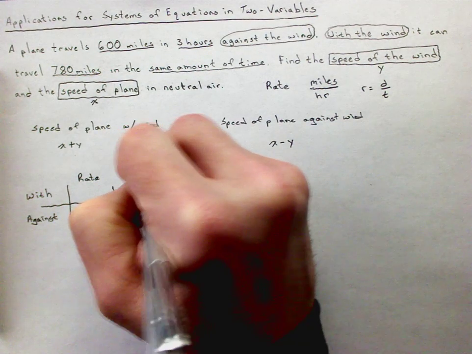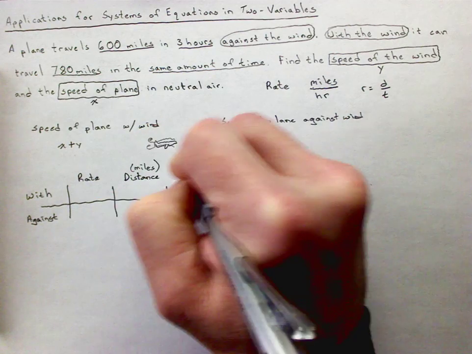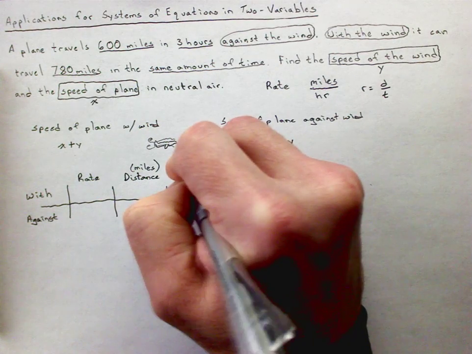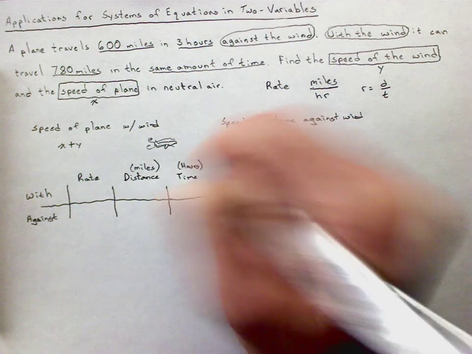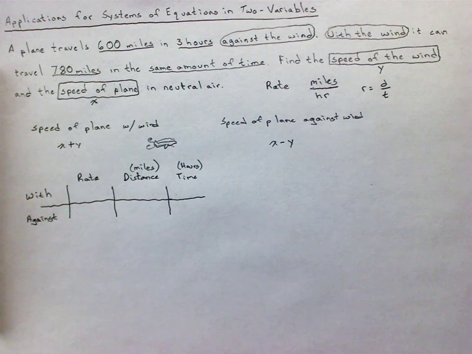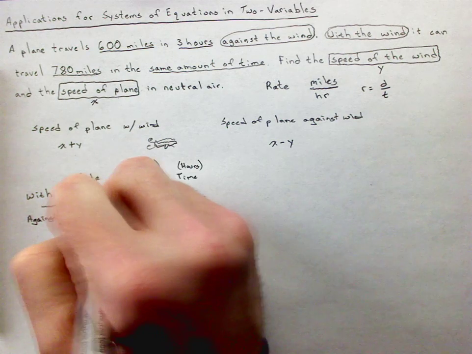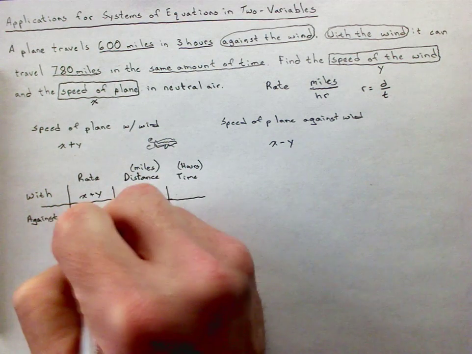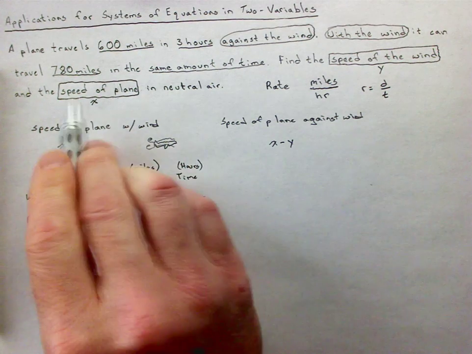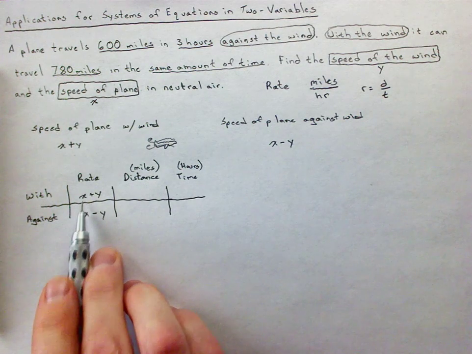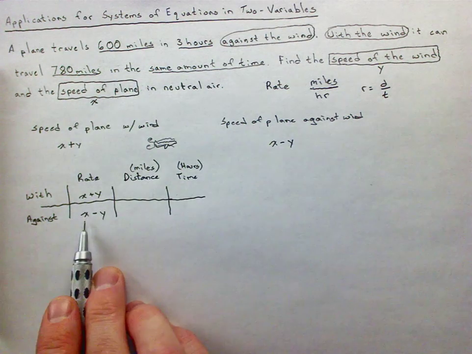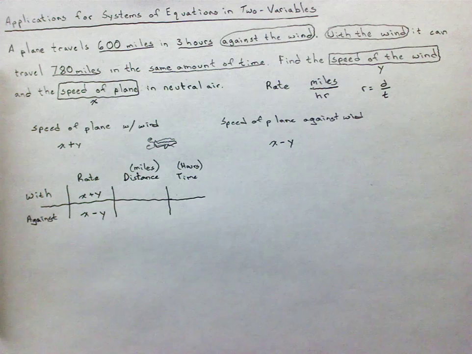And just to make sure, miles and hours. So with the wind, I'm x plus y. Against the wind, I'm x minus y. Again, speed of the plane. The plane's going to go faster with the wind and slower against the wind.